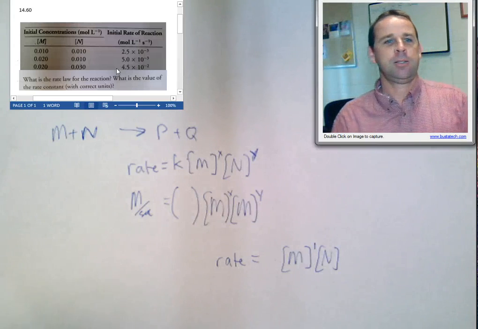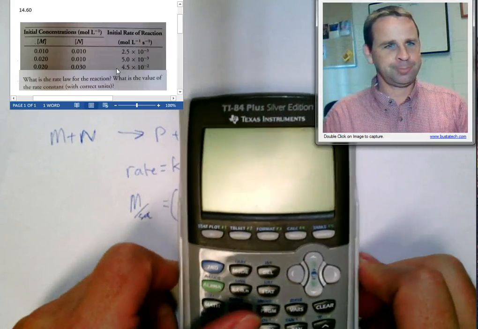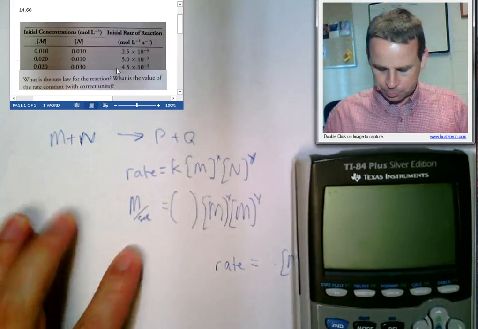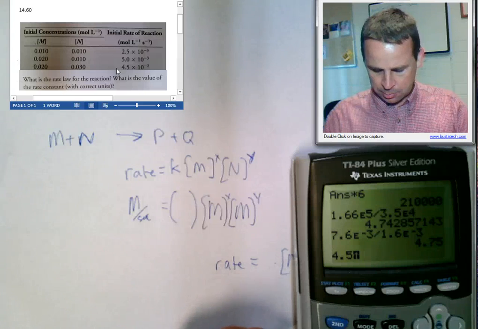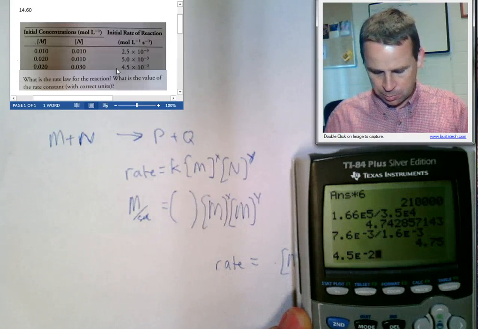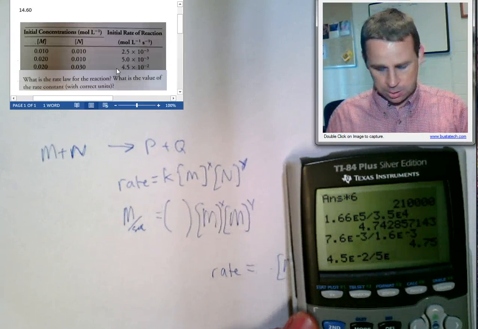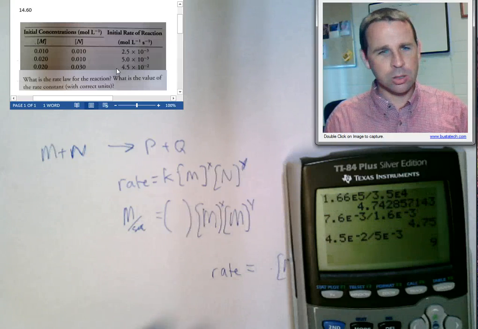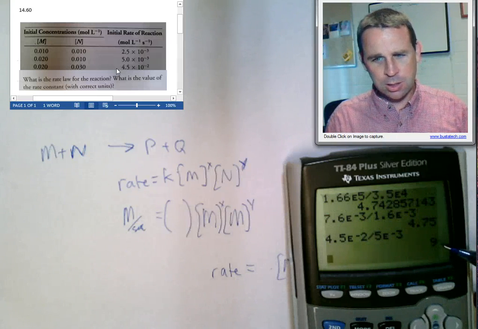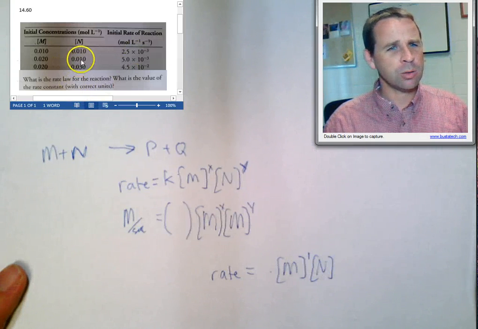Okay, so 4.5 times 10 to the minus 2 divided by 5 times 10 to the minus 3. All right, so the rate increased 9 times when I increased the concentration 3 times.